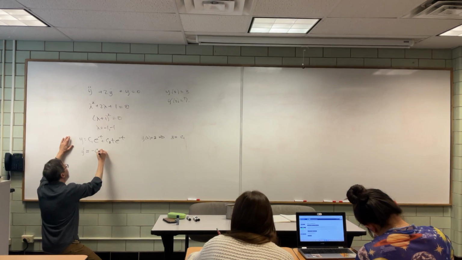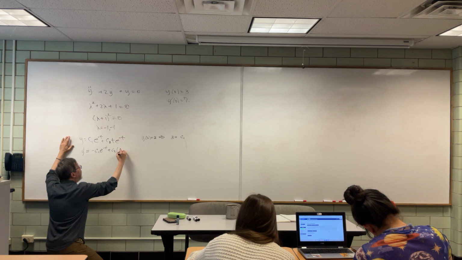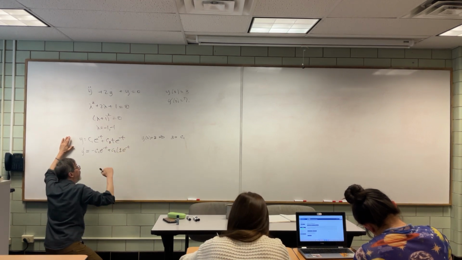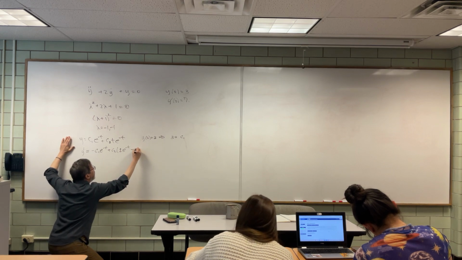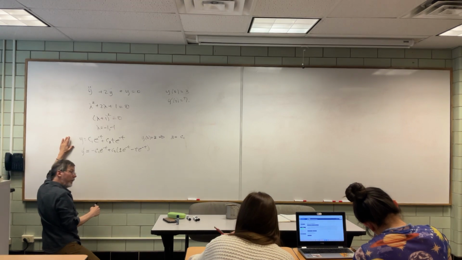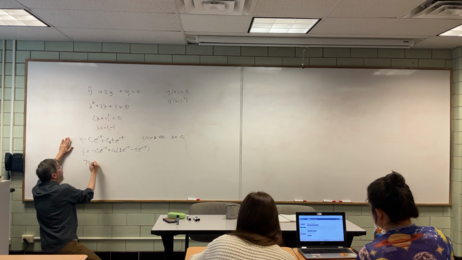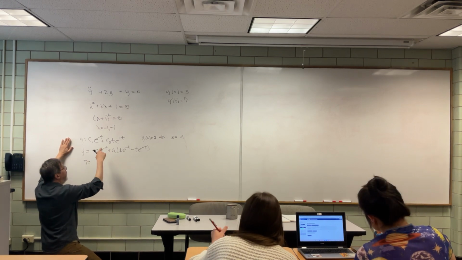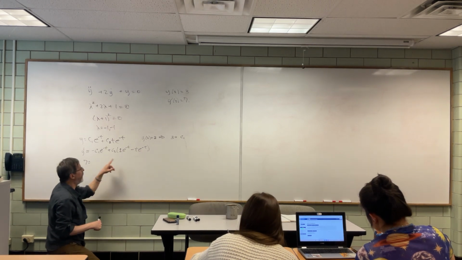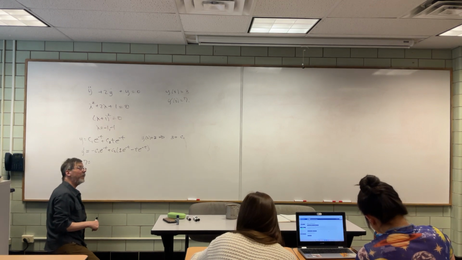So you do this one, and then C2 times the derivative of that product, using the product rule. Then put your 0 in here, and 7 equals the right-hand side with t replaced by 0. Since you got C1 already, you could put that in and get C2 immediately. Does that all sound good?